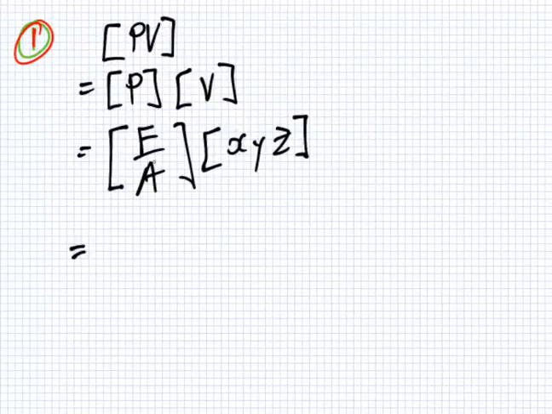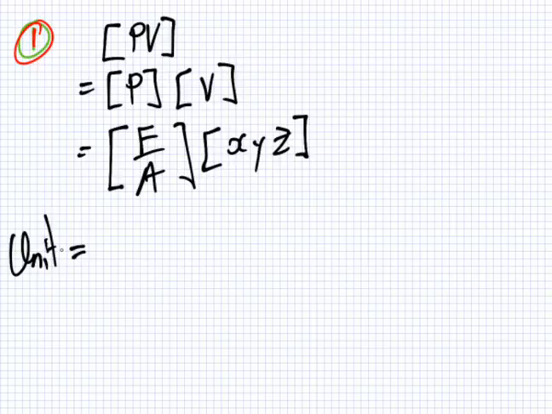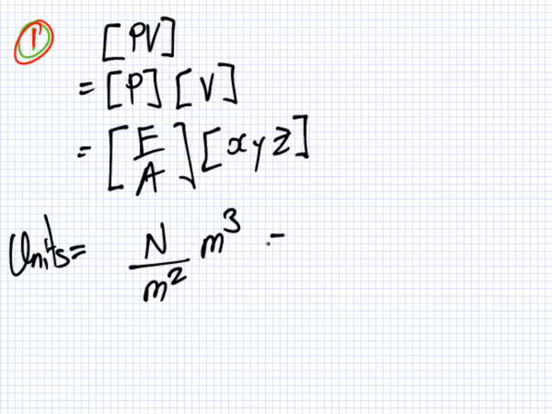Okay, so if I look at the units now, what's the unit for force? Newton over meter squared, and here x, y, z or volume? Meter cubed. So what does this simplify down to? Newton meter, which is the same as what?